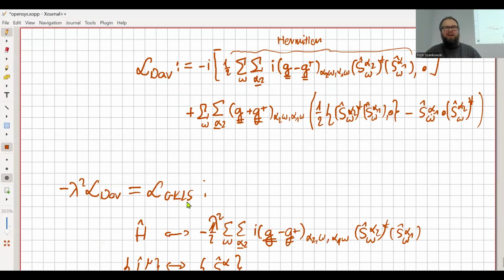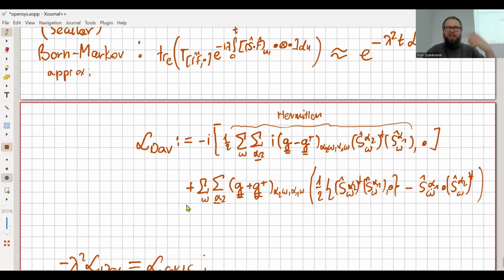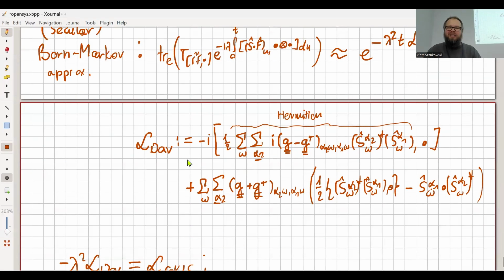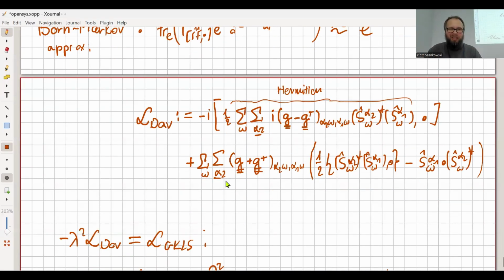Then they will try to show that there is a Born-Markov plus secular approximation to show that this model is actually valid and that it describes real systems. So you will end up at this point, and this would be where the course starts, with some examples and so on.